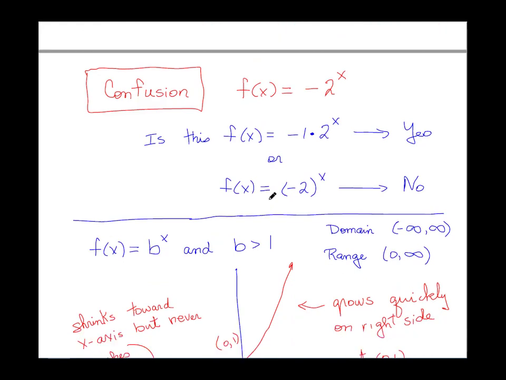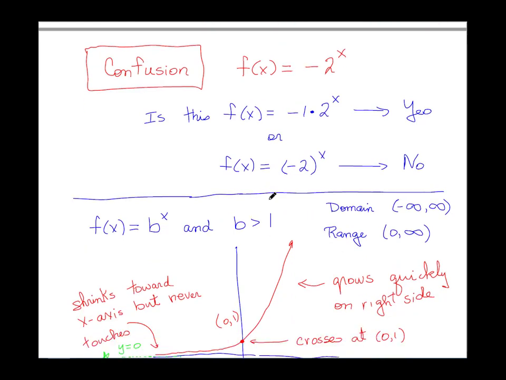Now often there's a confusion. What if you see f of x is minus 2 to the x? You might start thinking, well, didn't he say that b can't be negative? And yet right here it looks like it is. So the real case is this is minus 1 times 2 to the x.